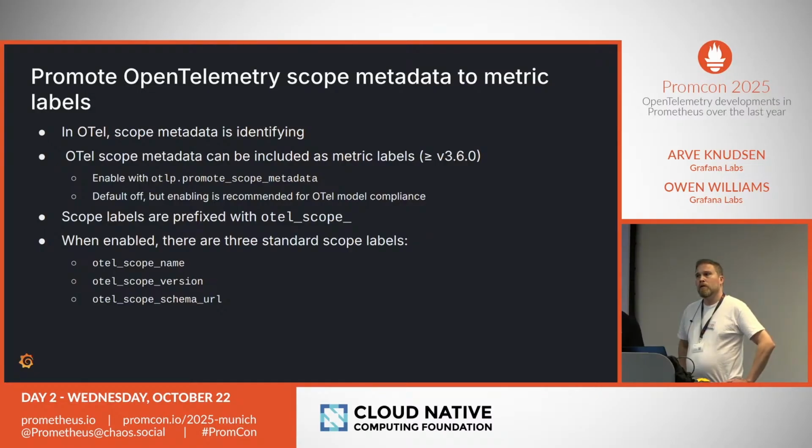And when the functionality is enabled, there will be 3 standard scope labels which you can expect, which are otel_scope_name, otel_scope_version, otel_scope_schema_url, but then there can be a number of other labels, depending on which OTLP scope attributes are present.